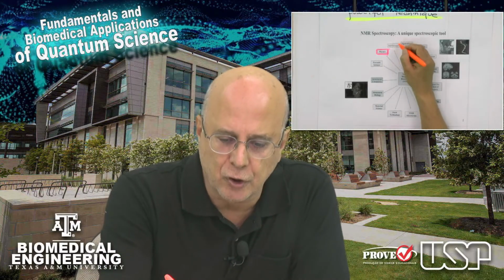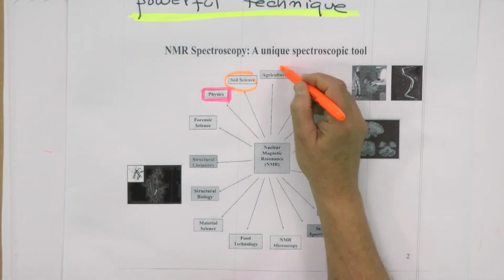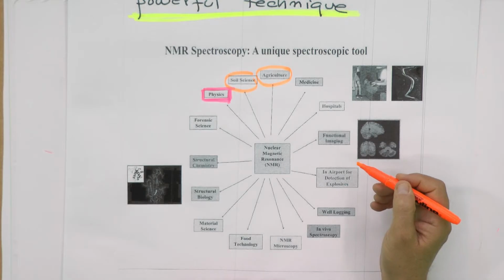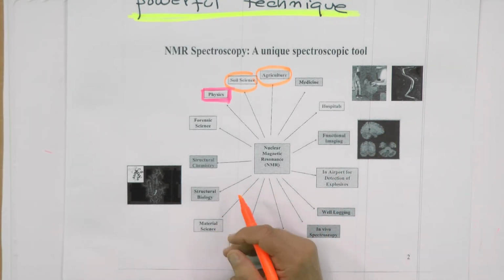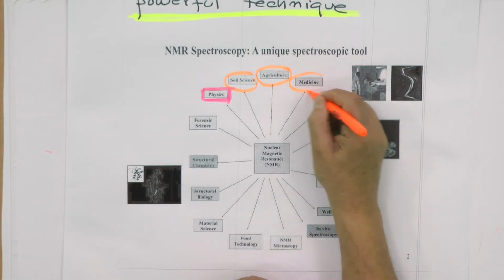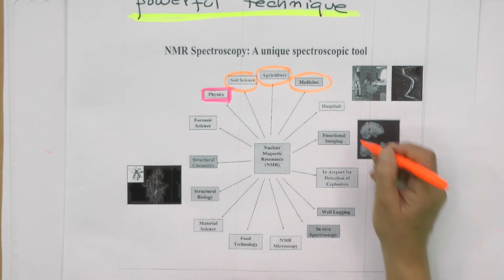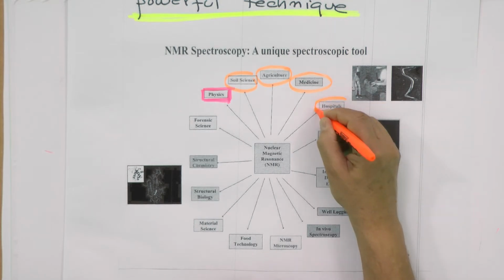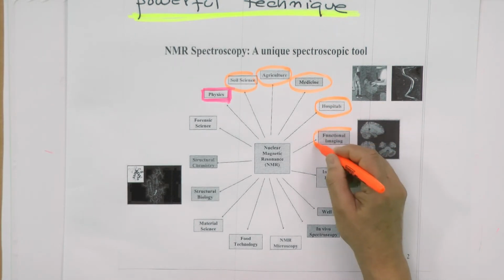But soil is important, though it's not the only one. Agriculture, fine agriculture, to understand how the plant develops in terms of the quality of the soil and everything, is a big application. Medicine, I just gave you examples in medicine, which is the most important for the biomedical. Hospitals, many different things. Functional imaging, as I told you, in the brain.